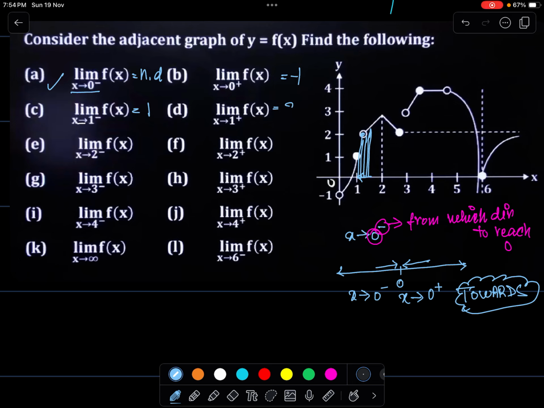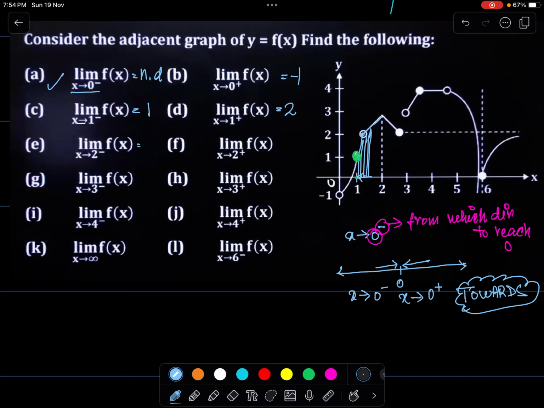It's going towards 2. Now one big mistake that students do is they think that I need to write the value of the function at that point. So they may write 1, not 2, which is wrong. We are not concerned about the value of the function at that point. We need to say where the curve is going when your x is reaching towards 1 from left or right.